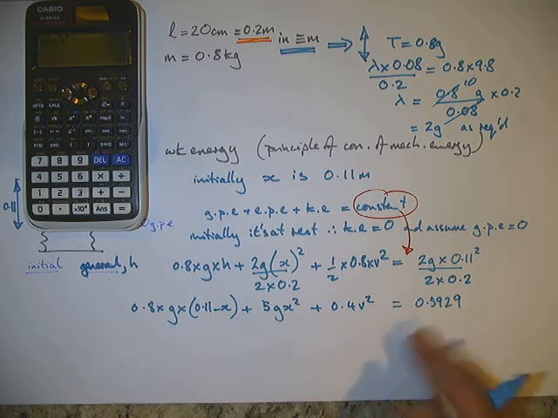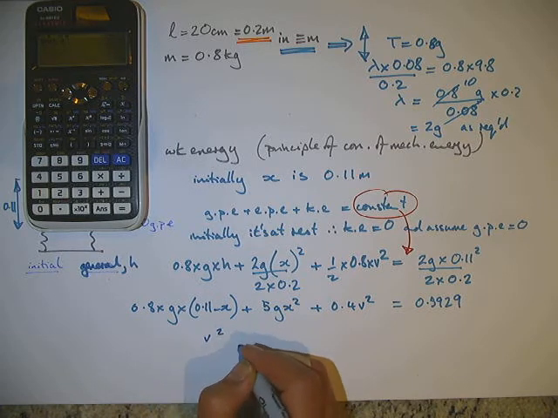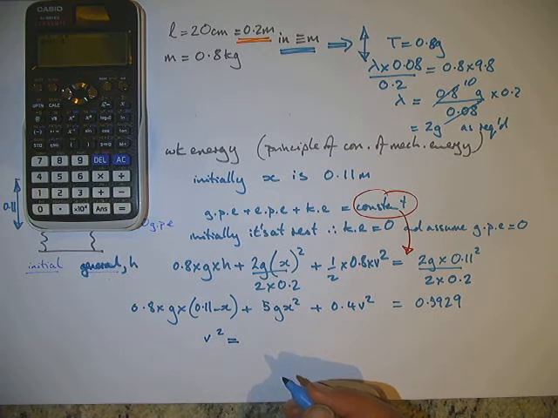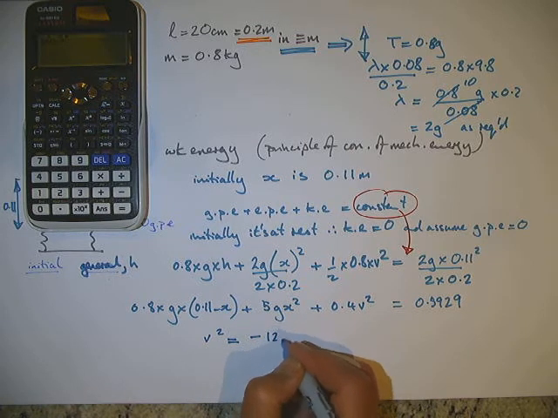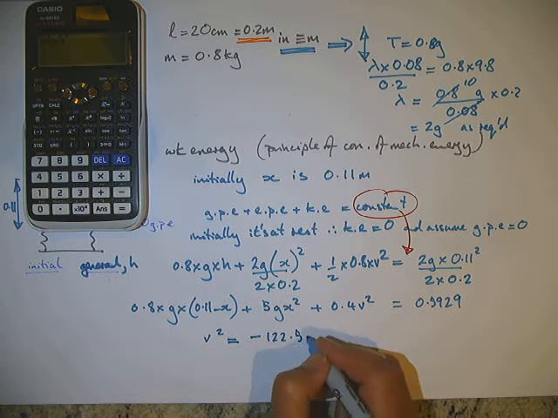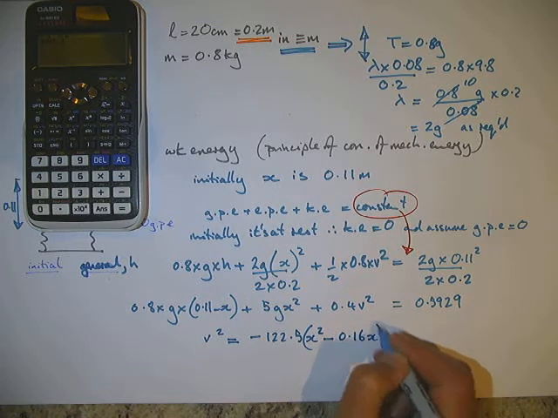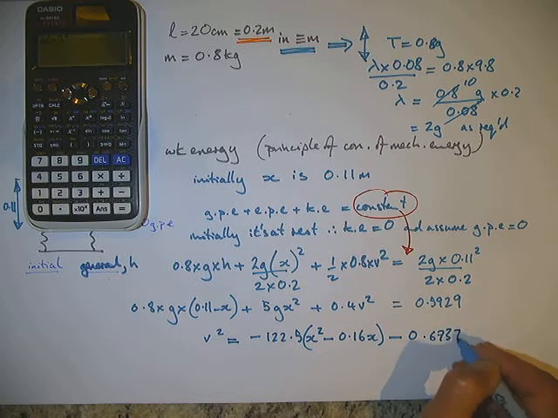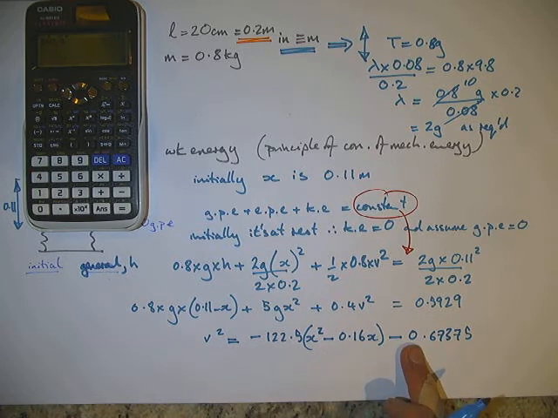The book expands all that and then rewrites it as v squared is minus 122.5 x squared take 0.16 x take 0.67375. You may want to check you can rearrange that to get that.